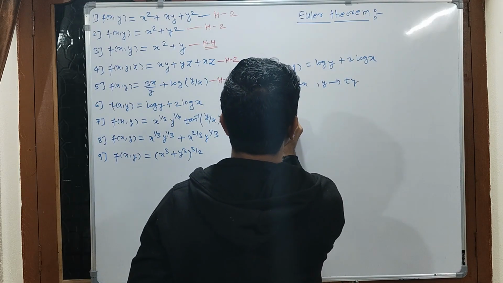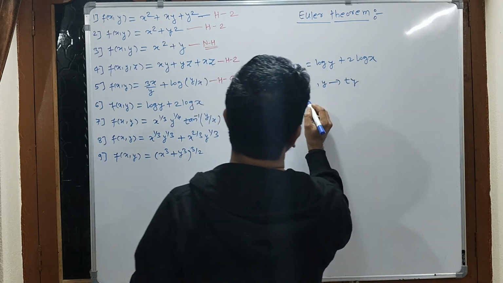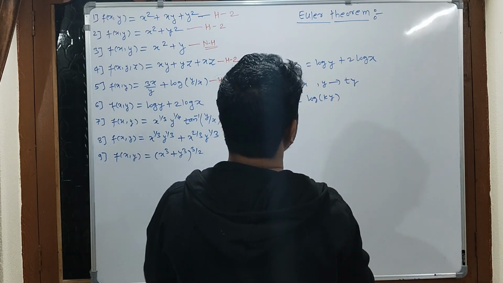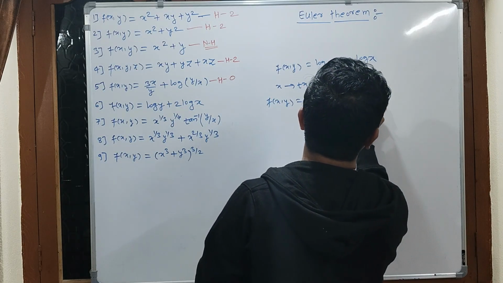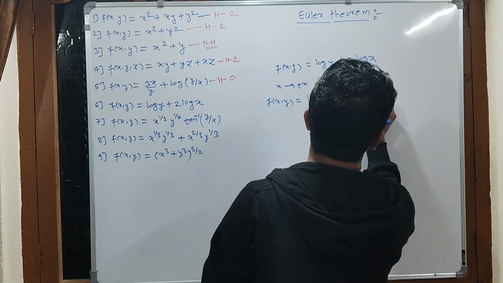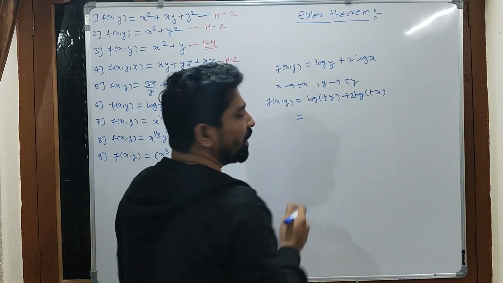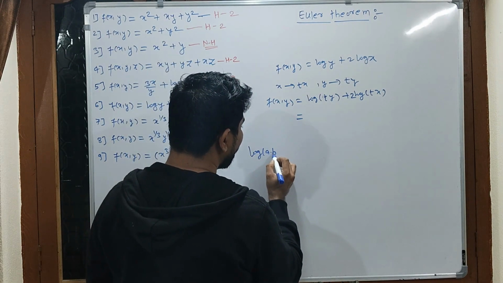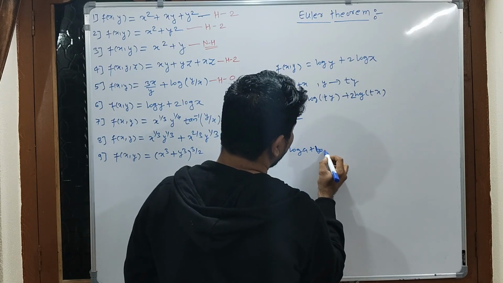So here f of tx comma ty equal to log of t times y plus 2 times log of t times x. Now the property of logarithms: log of a times b equals log of a plus log of b.